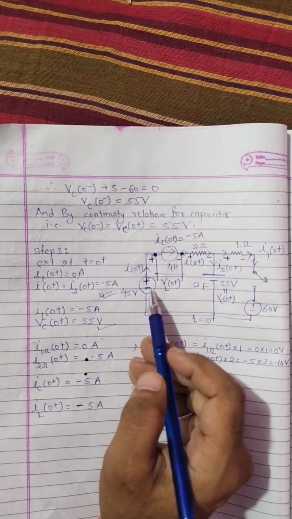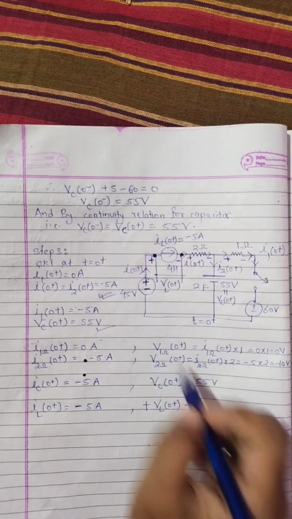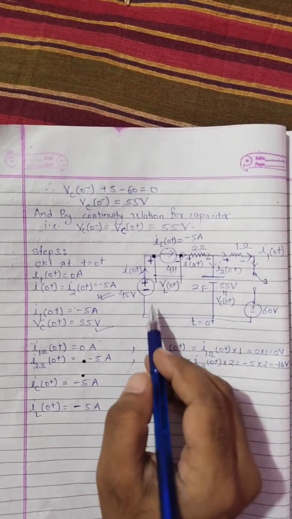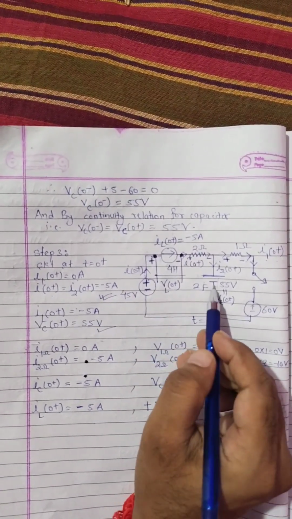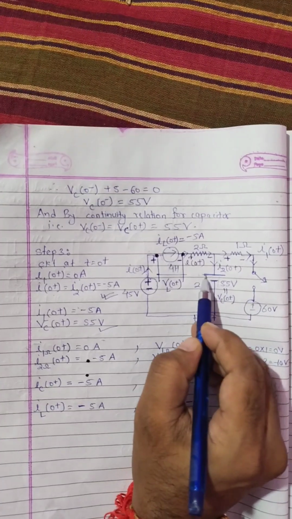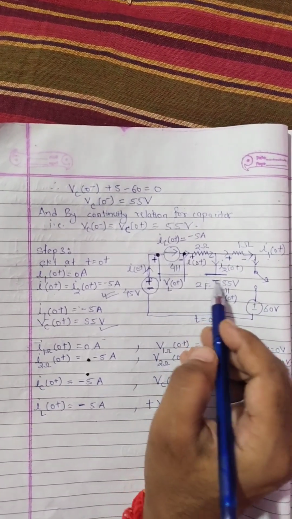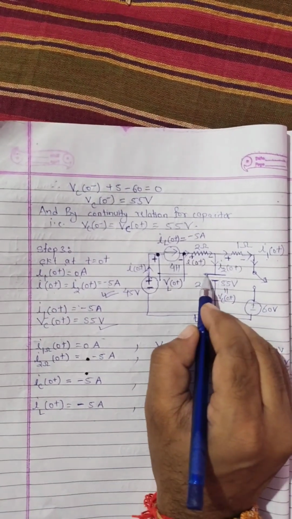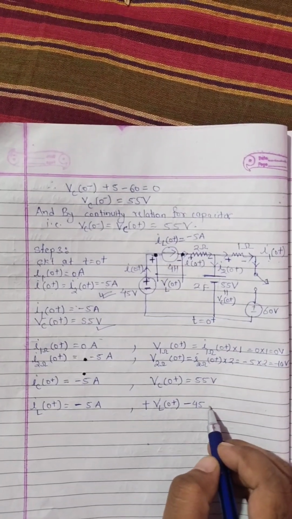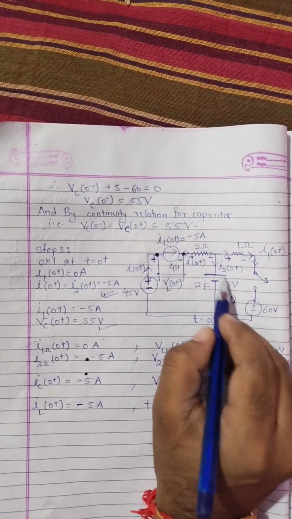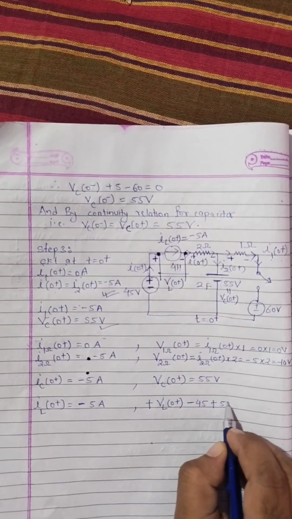The value of this voltage source is 45. Similarly, we will move from this minus terminal to this positive terminal, and whatever comes at the end, we take that sign, that is plus, and the value of this voltage source is 55.